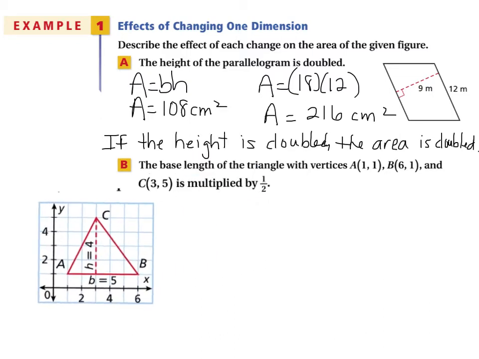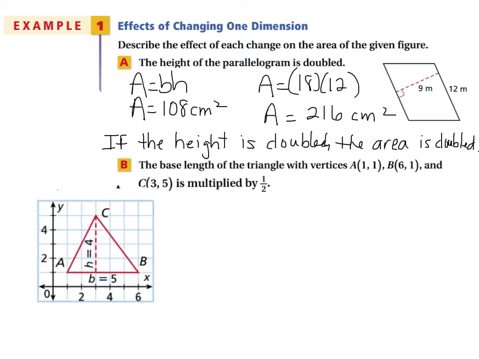So here's our picture. So we're talking about what? Well, the base length of the triangle is multiplied by 1/2. So how would this affect it? Well, the area right now is 1/2 base times height. So that's going to be 10 square units.